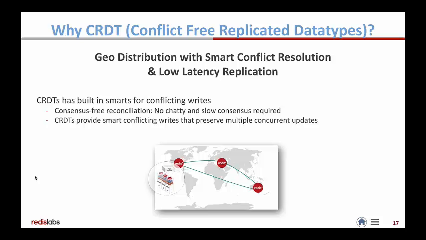That could be millions of operations a second, and still be able to maintain a complex data structure like a list or a sorted set in reasonable shape. Whenever there are conflicting writes, instead of falling back to an unintelligent last-write-wins type conflict resolution mechanism, we can be much smarter through the use of the CRDT technology.